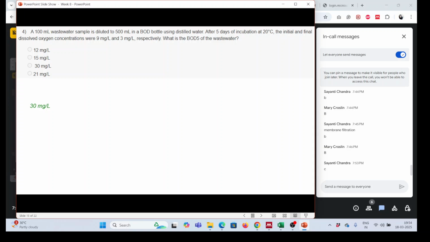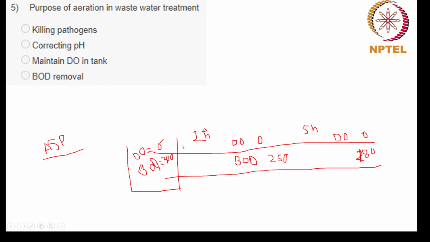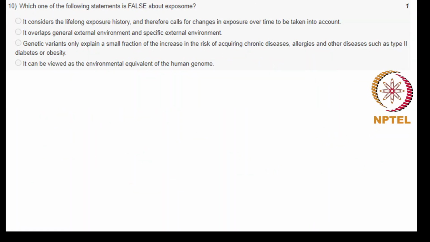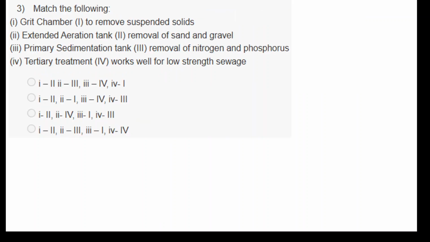It is very simple. Okay, I'll tell you. Just DO of first day minus DO of fifth day, multiplied by the dilution factor.